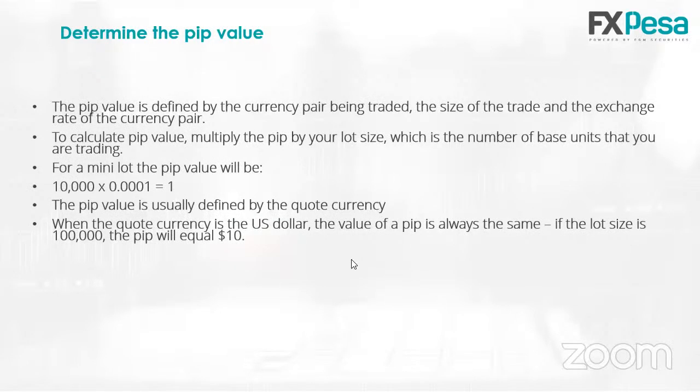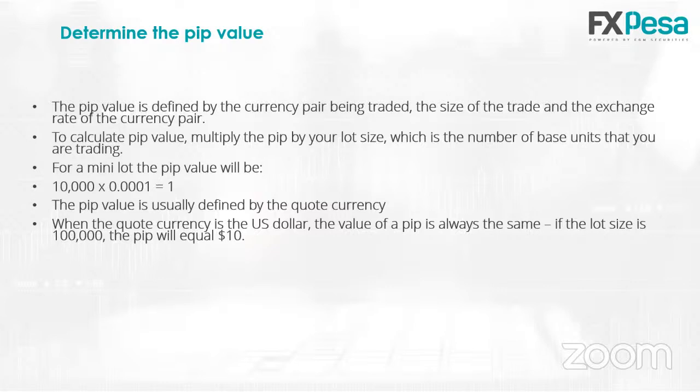And so one very important thing is determining the pip value. How much money are you able to earn with a small change in price? That is a pip. And that's what's going to help the trader know, if I set a 20 pips stop loss, then how much money is that?